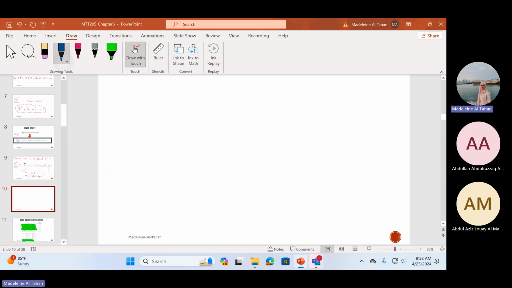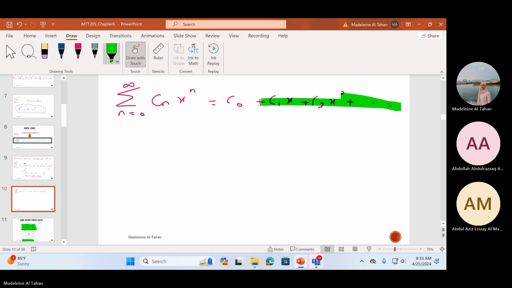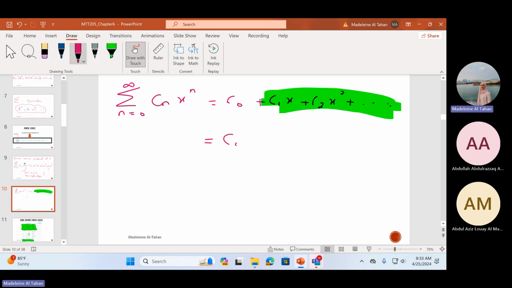What do you mean by choosing the 2? Change the first one. If I'm telling you the summation of c_n x^n from n equals 0 to infinity, how did we write it? c_0 plus c_1 x plus c_2 x squared plus so on. Can I write this one as c_0 plus c_1 x plus the summation from 2 to infinity? Can we write it in this way?